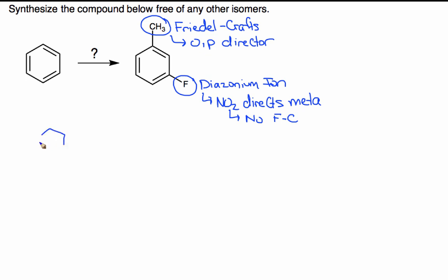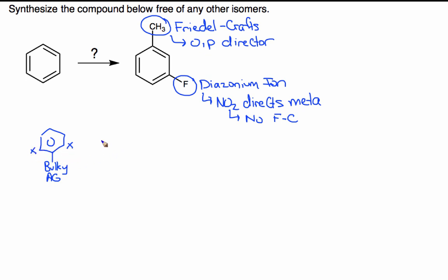So maybe we could start out by somehow installing a bulky activating group at this position on the ring. If it's an activating group, it directs ortho-para, and if it's bulky, it's sort of going to block out these ortho positions.